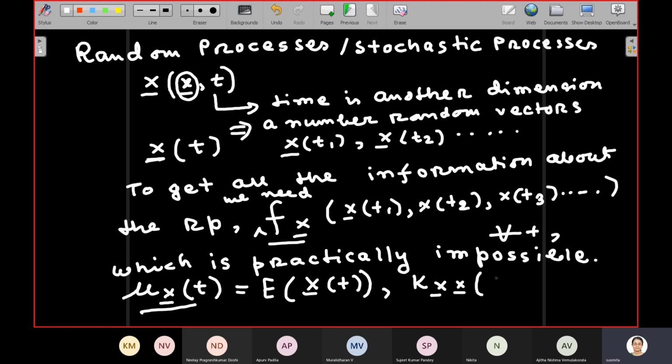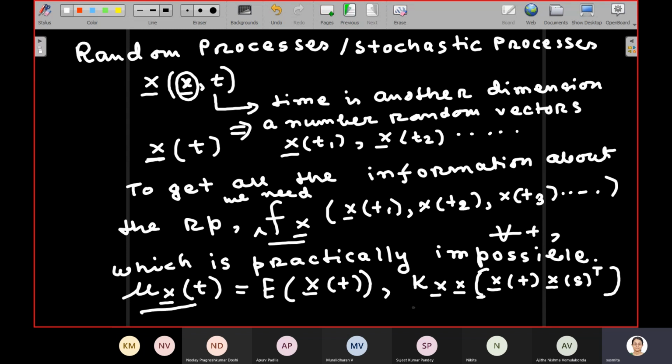covariance. Now here we are interested in finding the covariance of two random vectors. One, let's say, sampled at t, another sampled at some other time s. Okay.